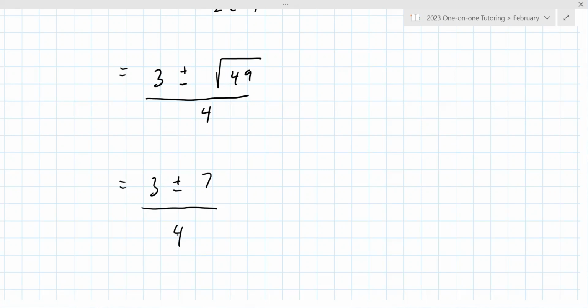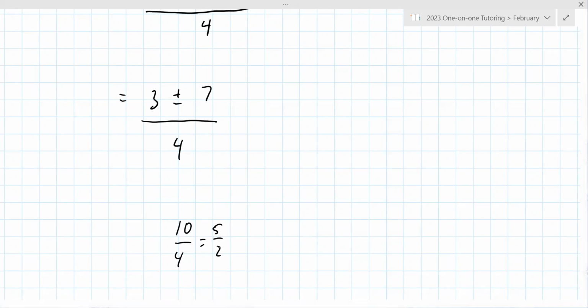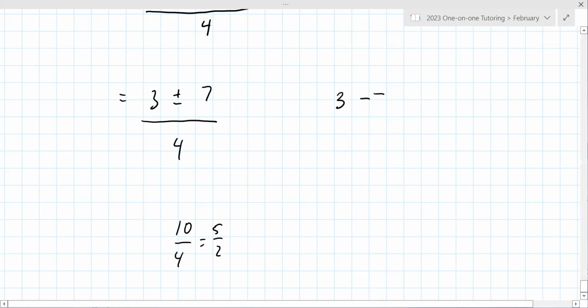That's right. But 4 doesn't go into 10, so sometimes it's a fraction. It would be 10 over 4, which does reduce to 5/2, but that's good. And then the next one would be 3 minus 7 over 4, so that's -4/4, which is -1.